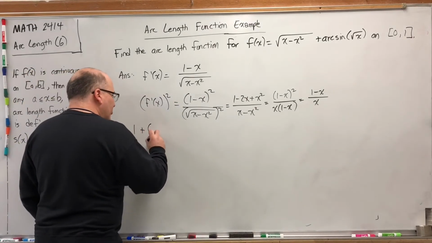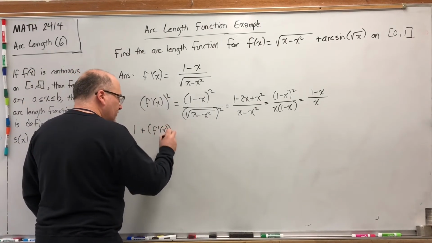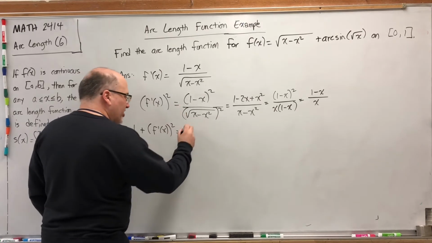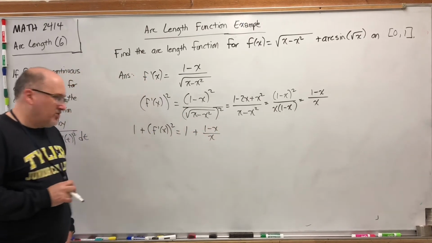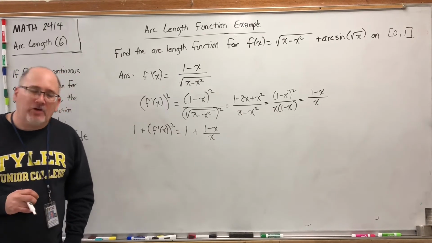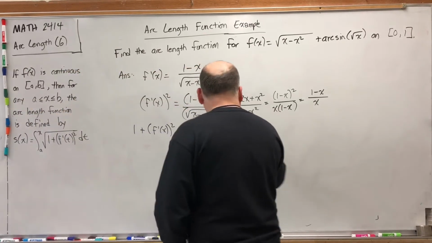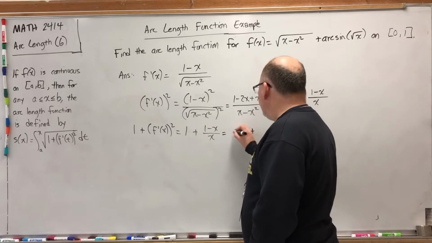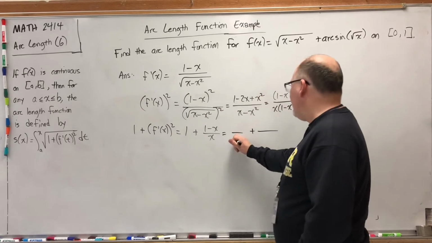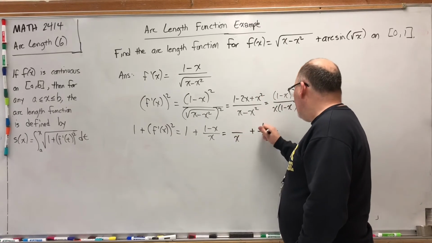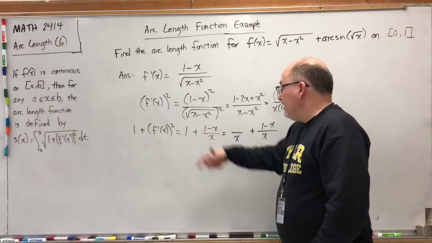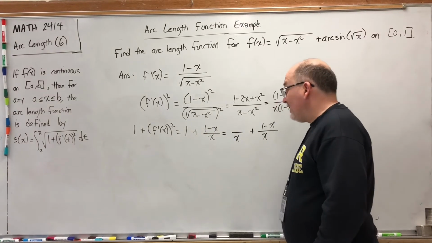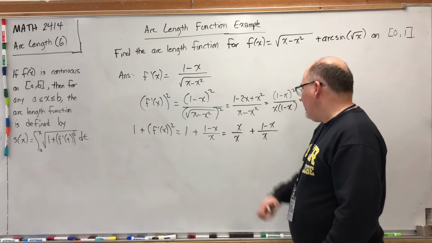1 plus the squared derivative is going to be 1 plus that. But this is a fraction addition problem begging for common denominators. The only denominator is x, so we need to make both fractions with an x on the bottom. 1 minus x on top of the second fraction because it's good to go. But to get a common denominator of x on the 1, we would just put x over itself.